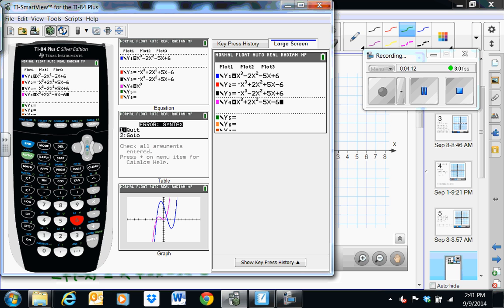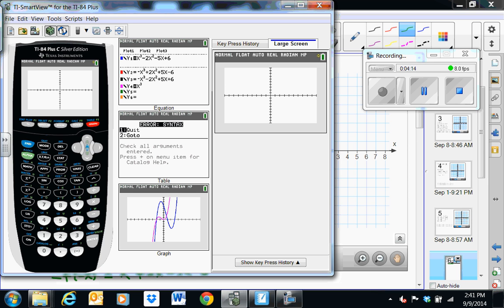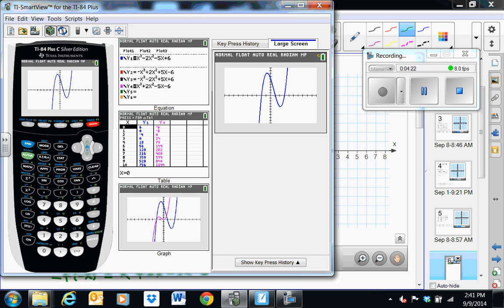That means it's basically rotated 180 degrees about the origin. So there's our original function again, and there's our rotation. If we flipped this whole graph upside down, it would look like the purple.